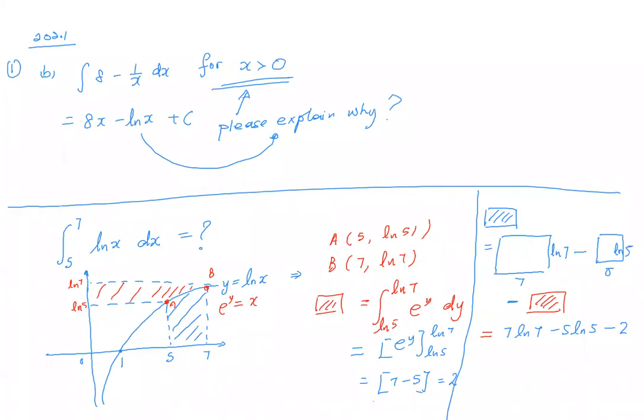Because I know that e to the power of ln anything is the number itself. Do you write down this one? So when I substitute, isn't it e^(ln 7) minus e^(ln 5)?